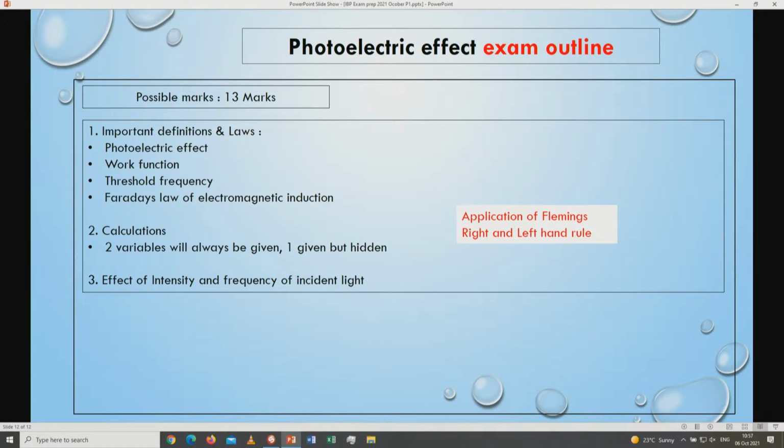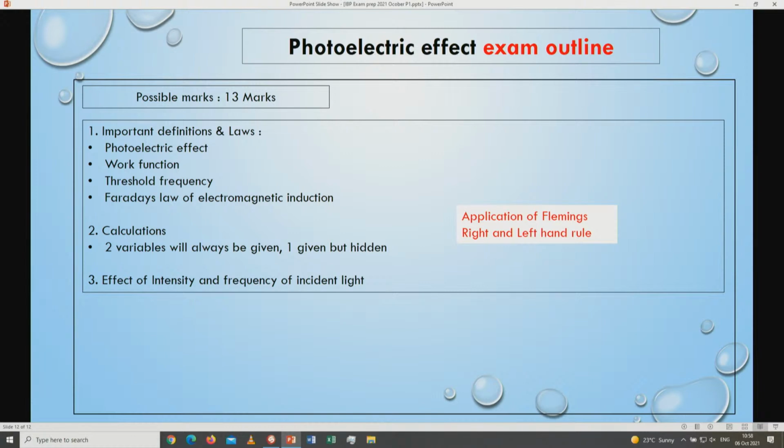Then the last topic under paper 1 is the photoelectric effect. It is important to define the photoelectric effect, work function, and threshold frequency, and to be able to calculate.